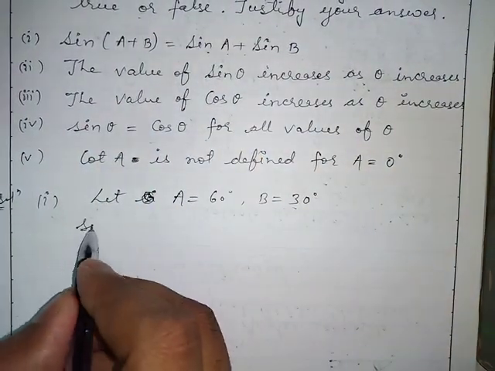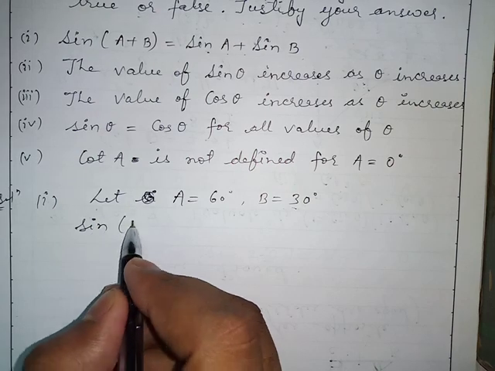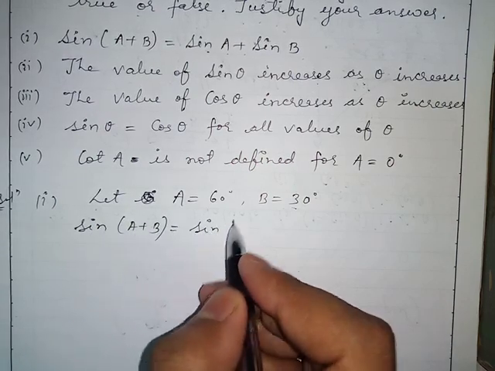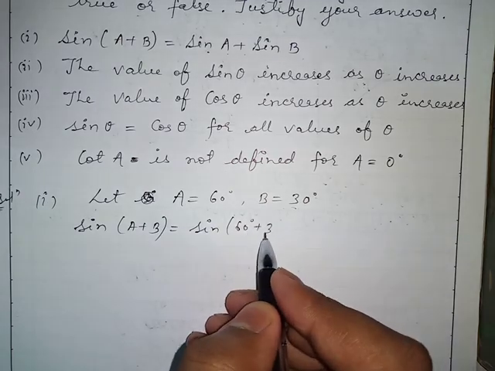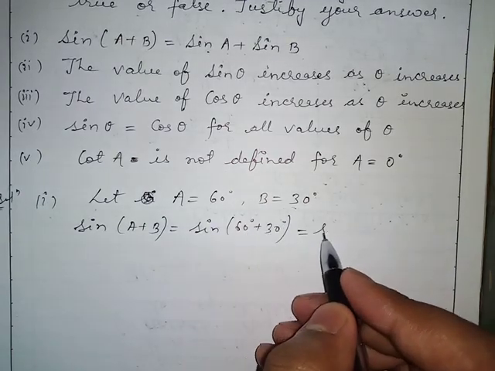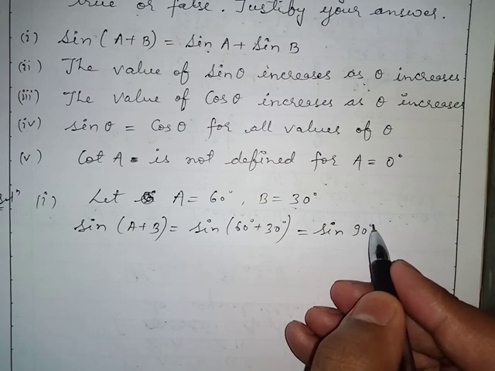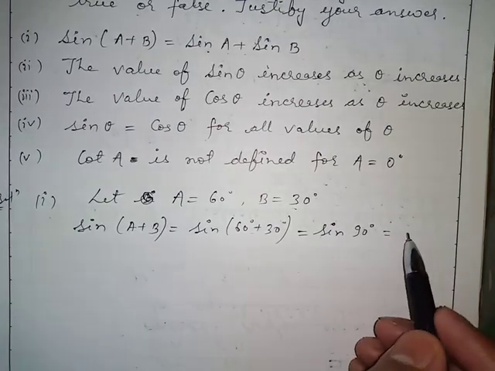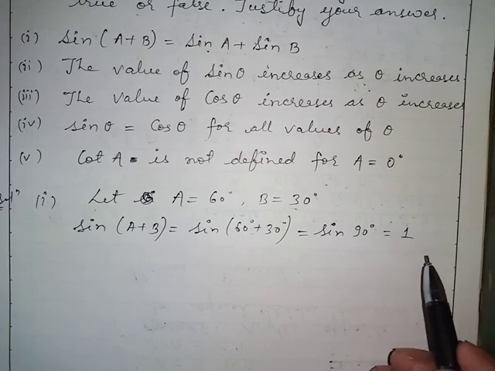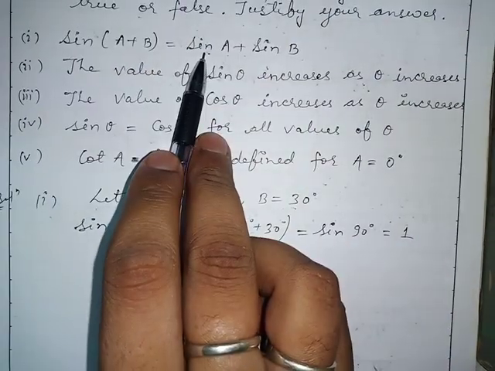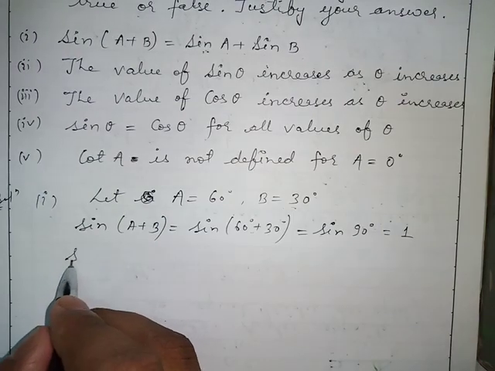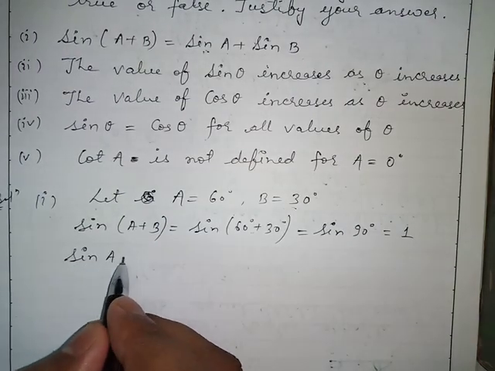First, LHS part, sin(A plus B), that means I can write sin(60 degree plus 30 degree). So this is sin 90 degree, 60 plus 30 is 90, and the value of sin 90 is 1. And again in this RHS part you will solve for this. So RHS part is sin A plus sin B.